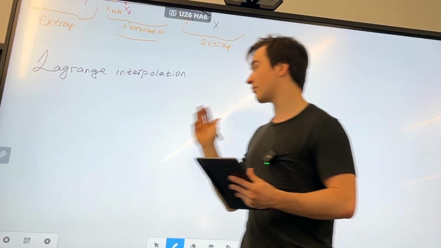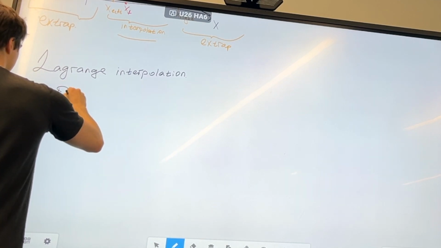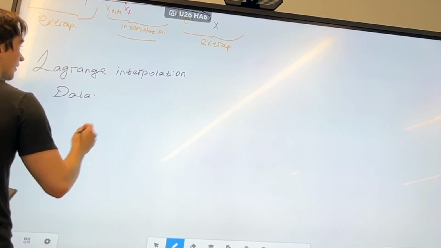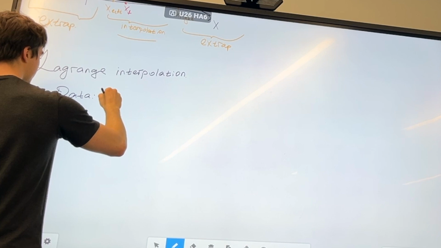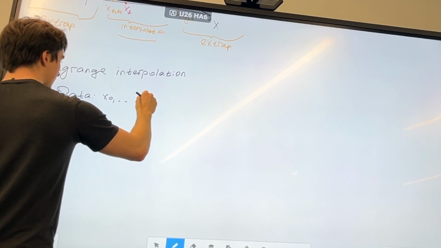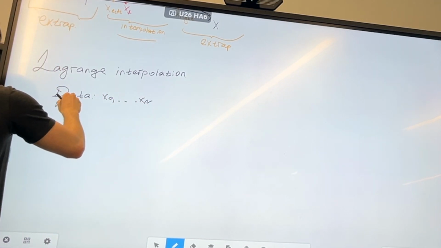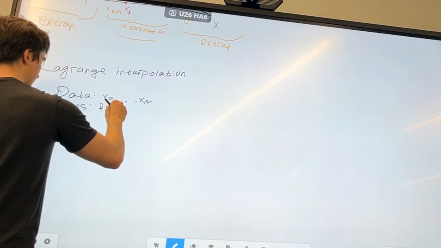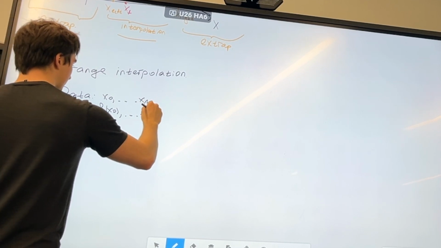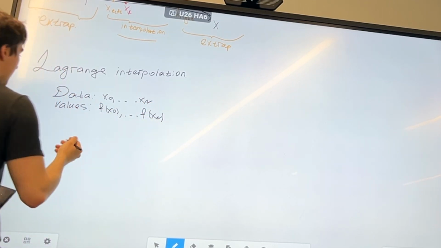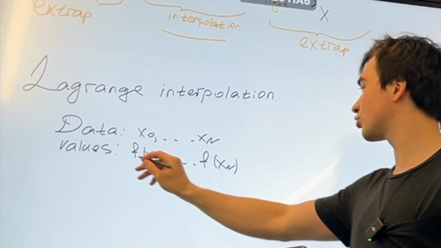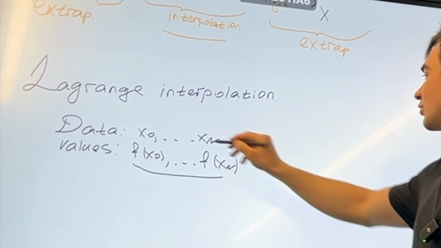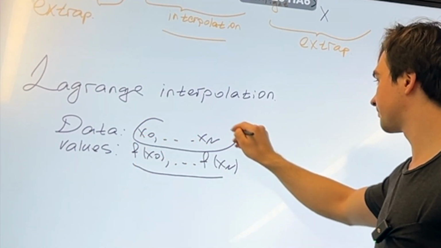We have some data, let it be x0, ..., xn. We have the values f of x0, ..., f of xn. And we want to find how to get these values out of these data points.